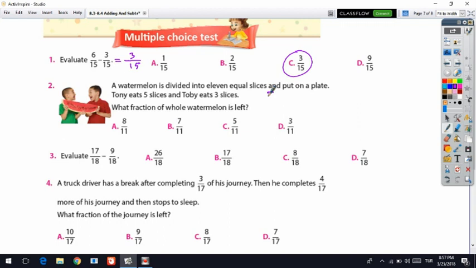So the eaten part for Tony is 5 over 11. After that, Toby eats 3 slices, 3 over 11, and if you add them, what is that? 8 over 11. So this is the eaten parts for both. Eaten parts or slices. Okay, so I write here slices.